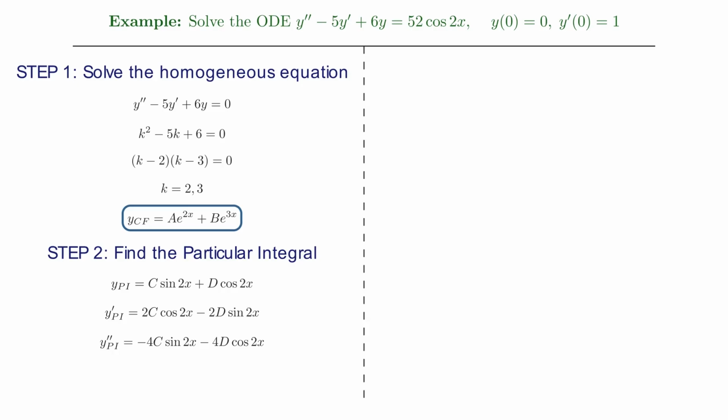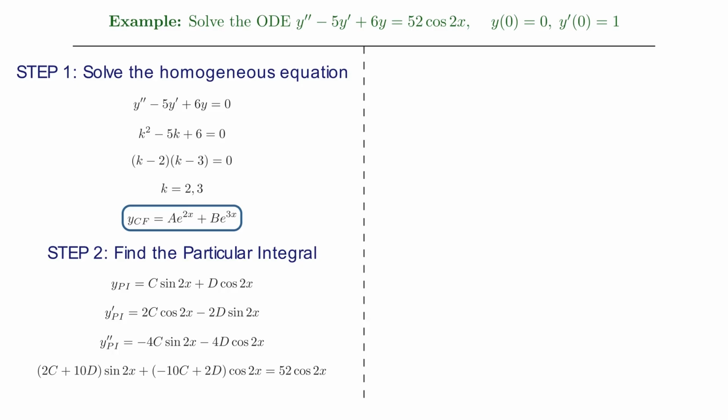When we simplify, we end up with (2c + 10d) sin 2x + (-10c + 2d) cos 2x, and this has to be equal to 52 cos 2x. So comparing the coefficients, the coefficient of sine on the left-hand side has to be equal to the coefficient of sine on the right-hand side.